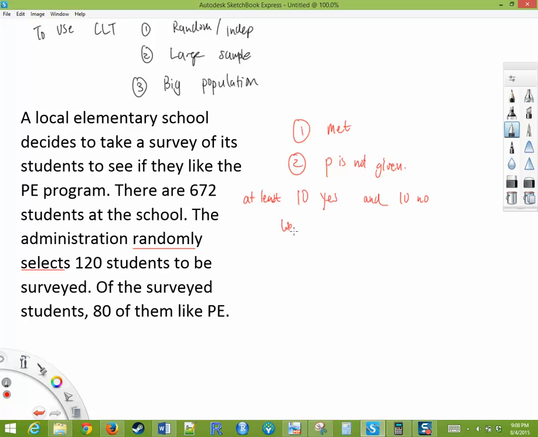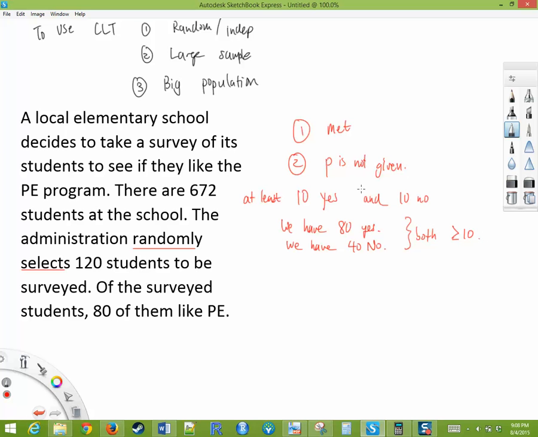We have 80 yeses, 80 people who like PE, and how many no's? 40 no's, if we have a total of 120 in our survey. So both are bigger than 10. So our large sample condition is met.